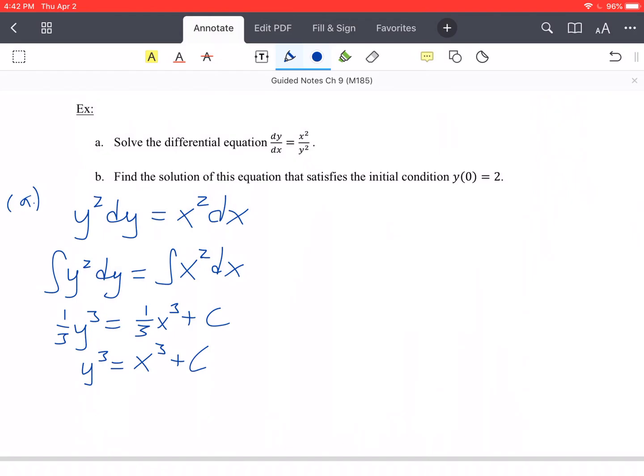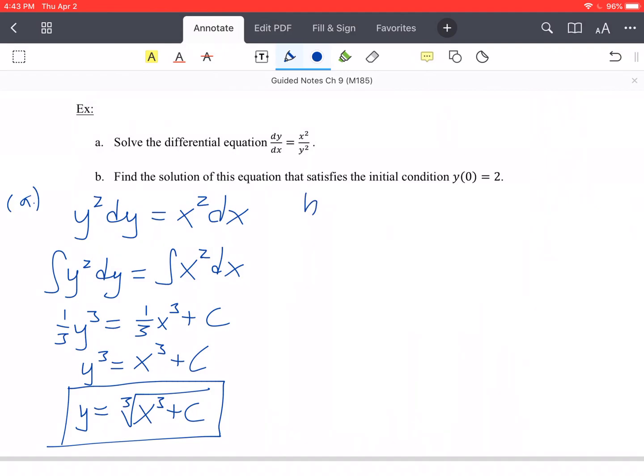Then solve for y, so take the cube root. We get y equals the cube root of x cubed plus c. And that is our solution to this separable differential equation.